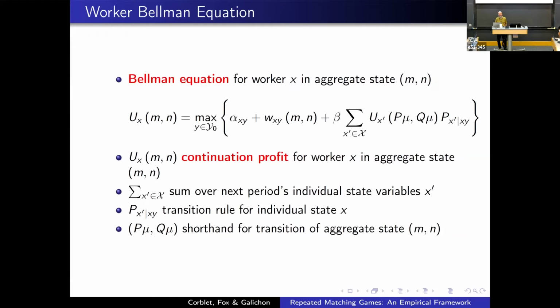Then I'm going to take the optimal match for me in the current period, which is going to maximize my flow profit, including the endogenous wage I'm being paid as a function of the current period wages, which are equilibrium objects, and then the discount factor times the expectation over a next period state, X prime, which involves the transition rule for my state as a function of my match, the job I have Y. Okay, and then I'm also going to here put in the deterministic transition for the aggregate state in my calculation.